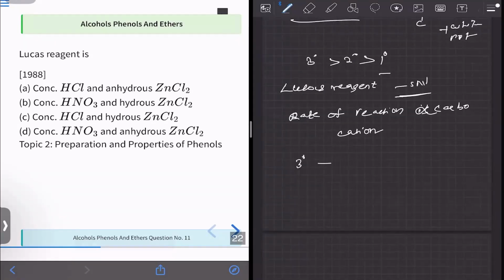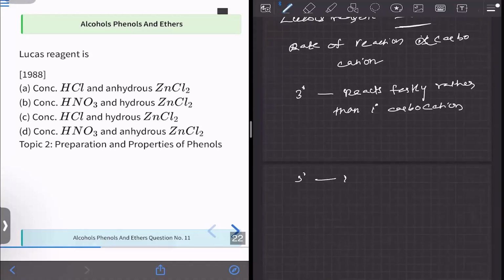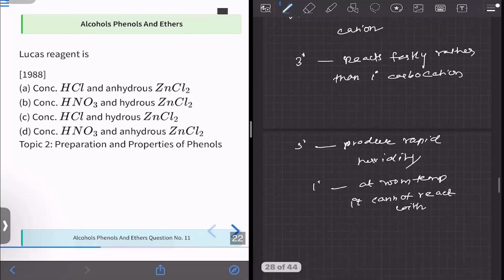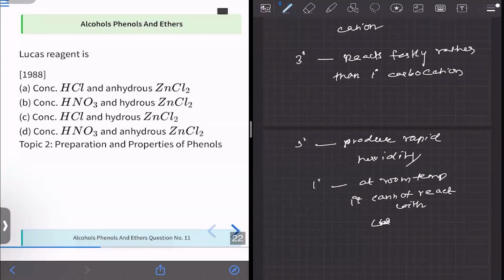So tertiary reacts faster than primary carbocation. So tertiary produces rapid turbidity, and primary at room temperature cannot react with Lucas reagent.